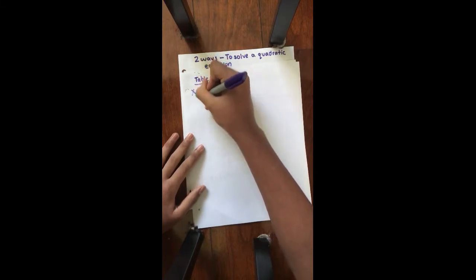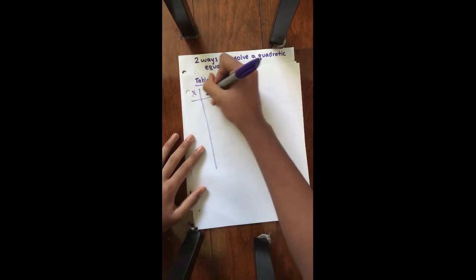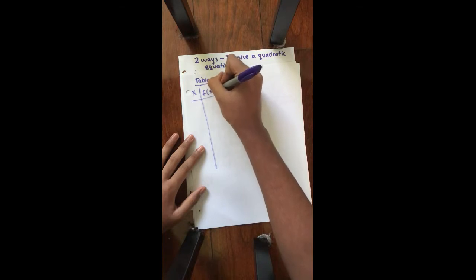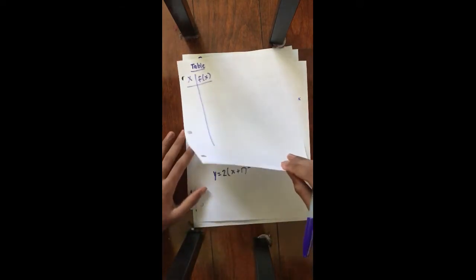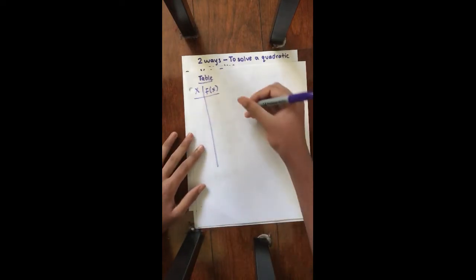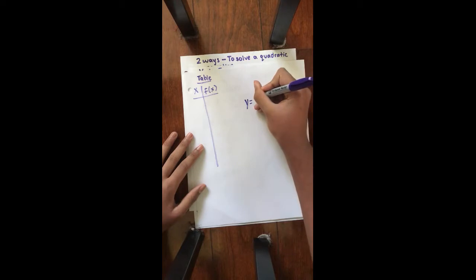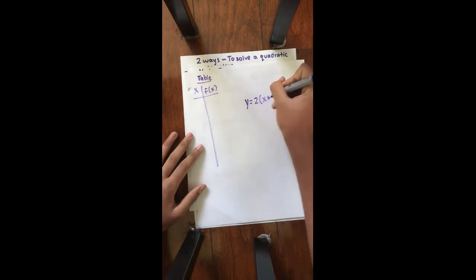So x goes on this side, and f of x goes on the other side. So let's use our vertex form, and for this we can just substitute values using this equation, y is equal to 2 times x plus 1 squared.